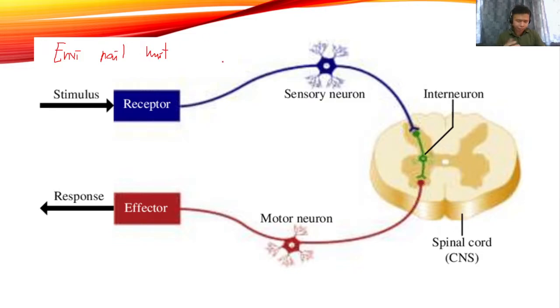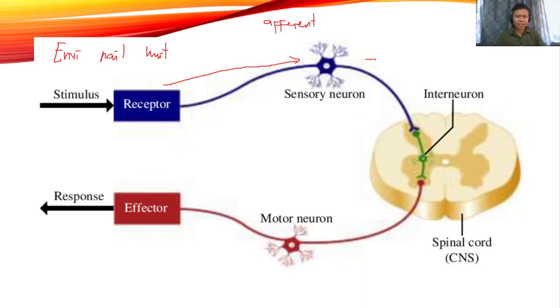So the receptor or the afferent neuron will send information to your brain that you stepped on that protruding nail. So you felt it. You felt hurt.